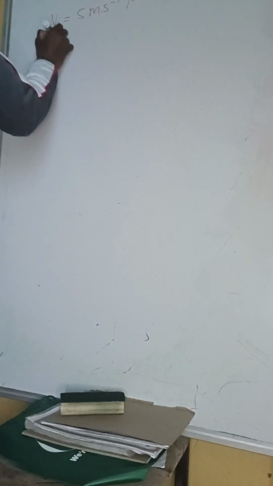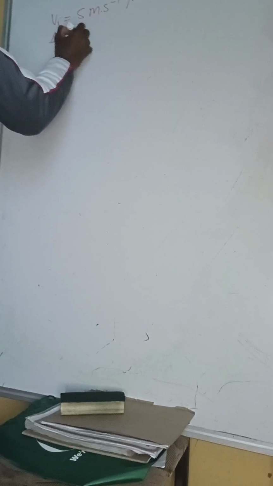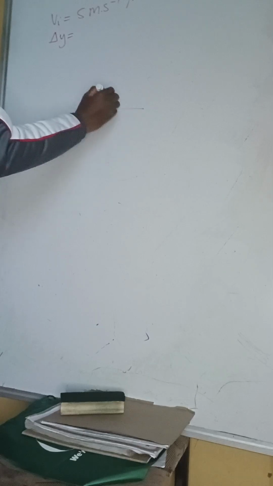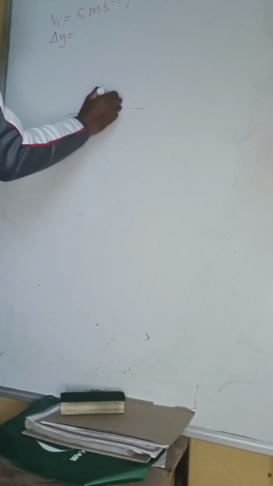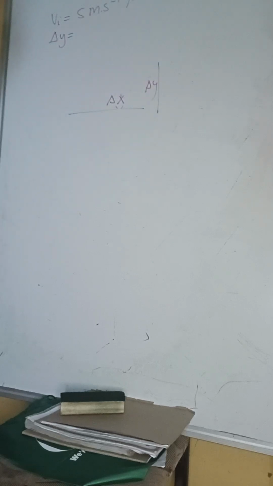And we have delta, because it is going up, we can use delta y. When it goes horizontal, we use delta x. When it goes up vertically, we use delta y. So always remember that.